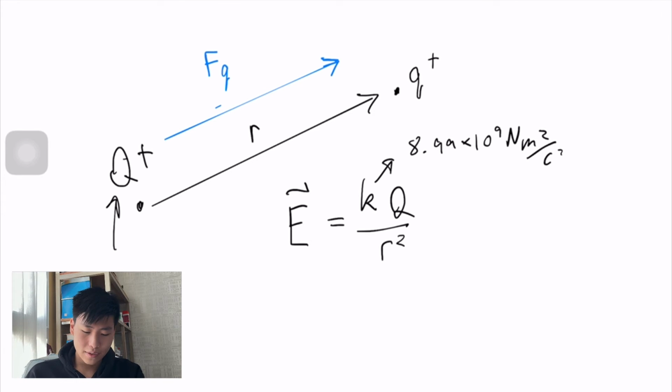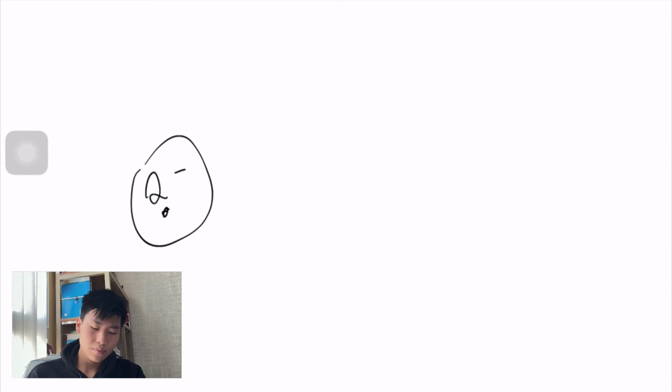Now what if it's a negative charge? If we have another charge that is negative, what's the direction of the E field exerted from this charge? The direction of the E field is going to be the same as the electric force that this charge exerts on a positive charge.